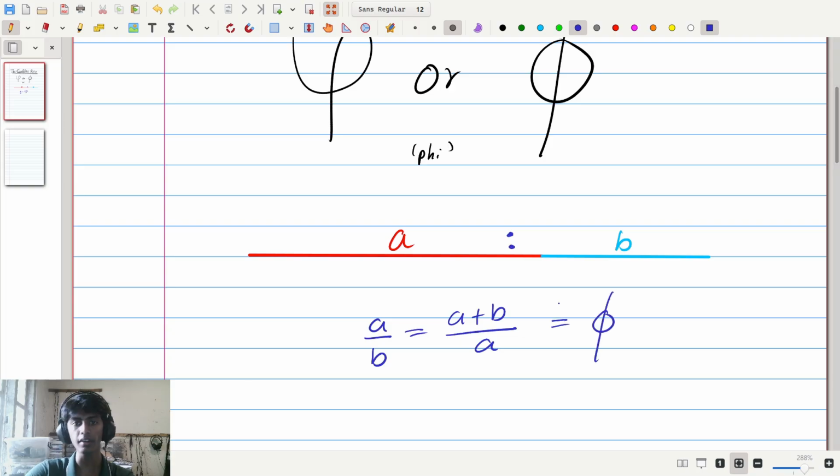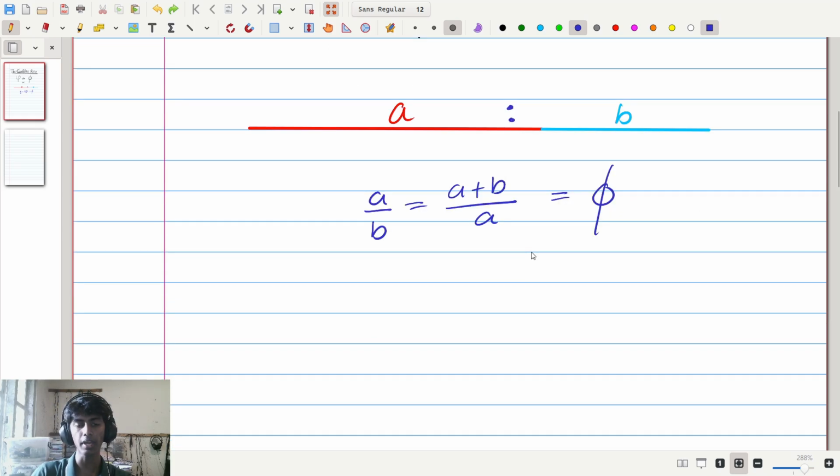So let me say it again. When the ratio of the long side to the short side is equal to the ratio of the total length of the line segment to the long side, i.e. A divided by B is equal to A plus B divided by A, the resulting ratio is what we call the golden ratio.